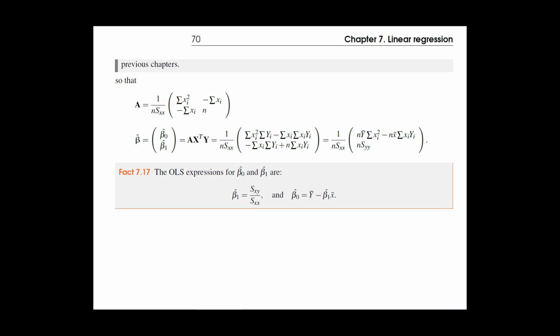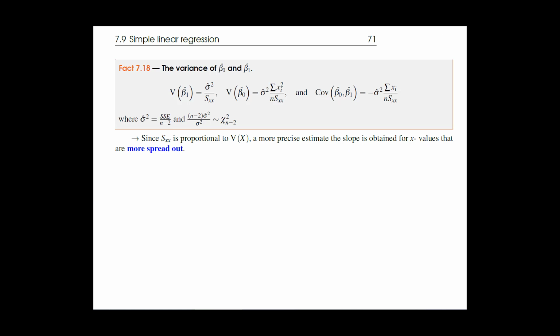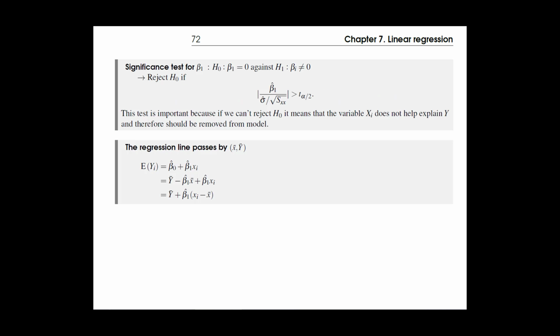These are the formulas for beta 1 and beta naught, now a lot simpler, so you can do it by hand with very simple formulas. Same thing for the variances, so we have all the formulas now for all the parameters: beta naught, beta 1, and sigma squared, which is all you need really.